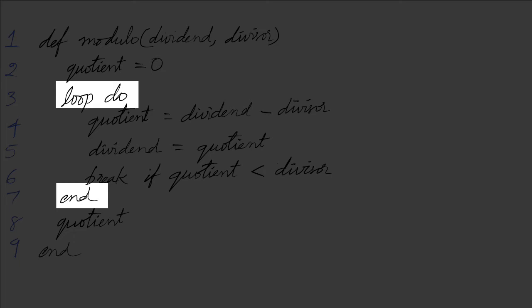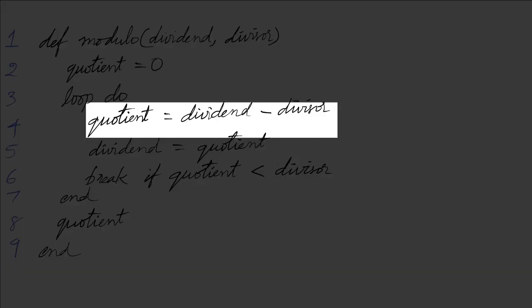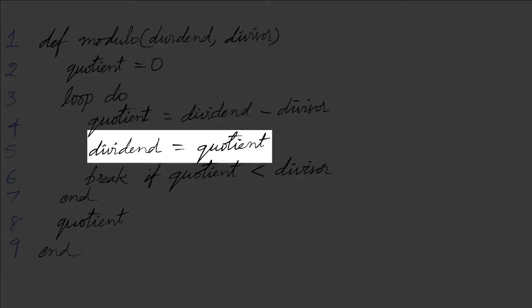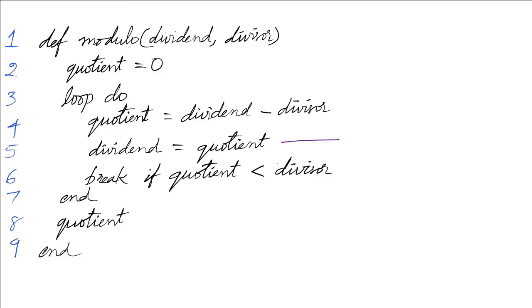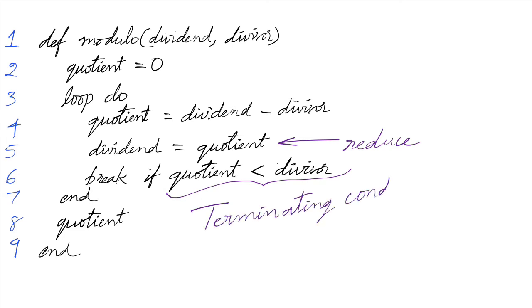We can now enter the loop to do repeating work. We need to compute the value of quotient by subtracting divisor from dividend. We need to update the dividend value with quotient. We reduce the value of dividend. This moves us towards the terminating condition when quotient becomes smaller than divisor.